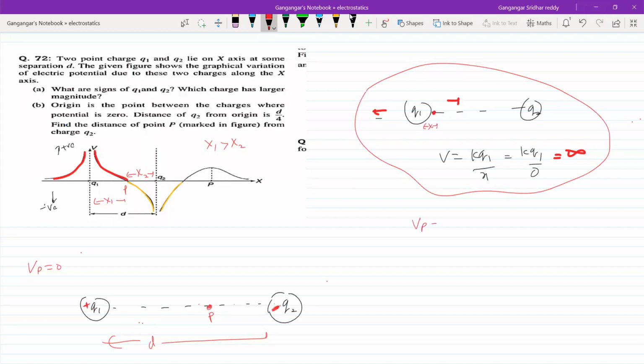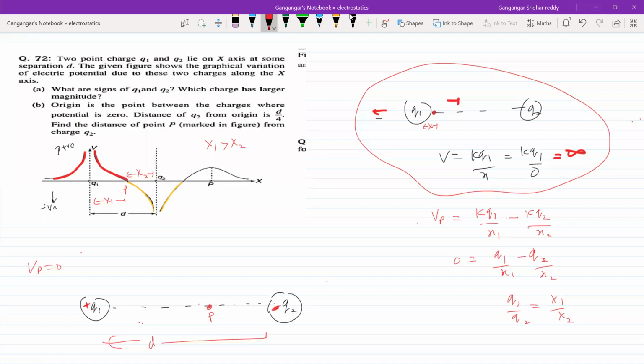The potential at point P is 0. So therefore, I'll write it here. Vp equal to KQ1 by X1 minus KQ2 by X2. This is 0. So Q1 by X1 minus Q2 by X2 equals 0, so Q1 by Q2 is equal to X1 by X2.